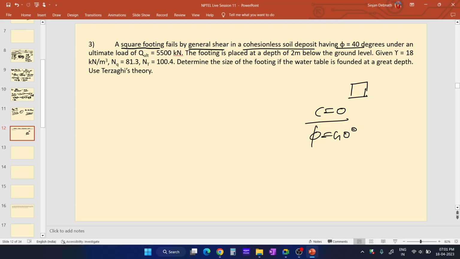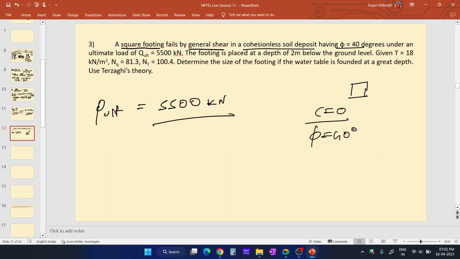Here it is a cohesionless soil, that means c equal to 0, only phi is there. Q ultimate is 5500 kilonewton, the ultimate load that the foundation can take. Beyond that load, the soil will fail by general shear failure.